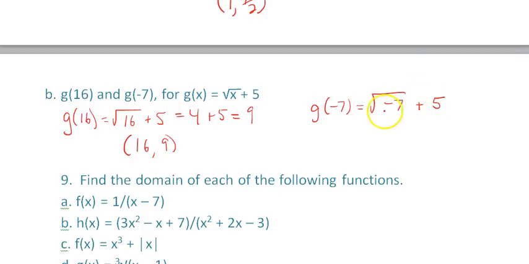Well, when you're dealing with square roots of negatives, you're getting into i's, imaginary numbers, and we are not ready to deal with those yet. So we're going to say that negative 7 is not in the domain of this function. If you were to graph this, you would notice that there are no points with an x value of negative 7, because with an i, it's not going to show up on your Cartesian plane.